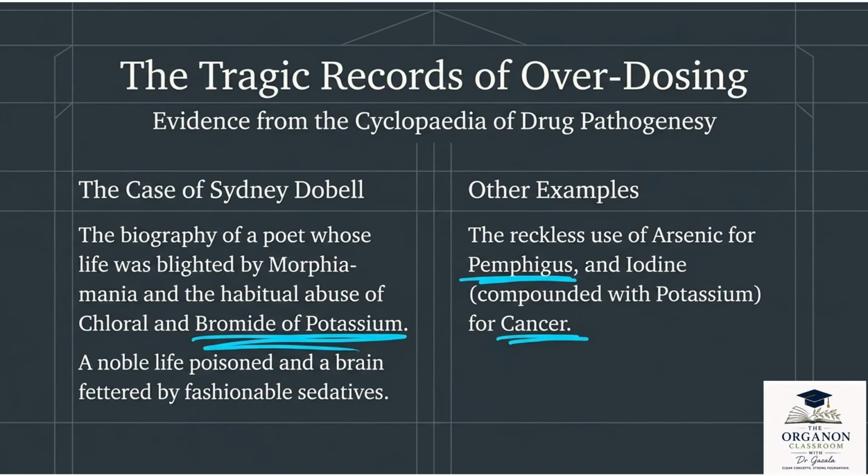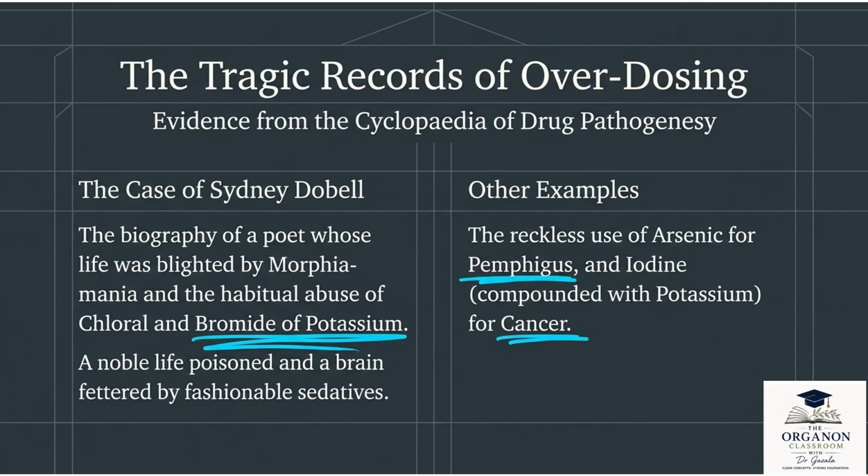Okay, other examples you can see on the right side. One is the excessive use of arsenic for treating pemphigus. What is pemphigus? It's a severe blistering skin disease. ठीक है? And although arsenic was considered beneficial, excessive administration often resulted in toxic effects, sometimes causing more harm than the disease itself. Patient arsenic poisoning में चला जा रहा है after using it so much for that particular blister on the skin.